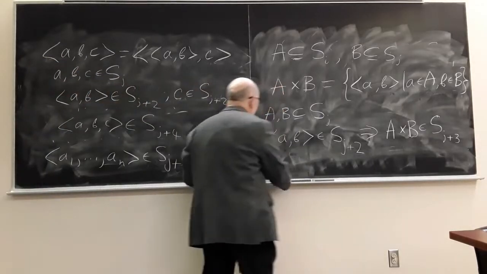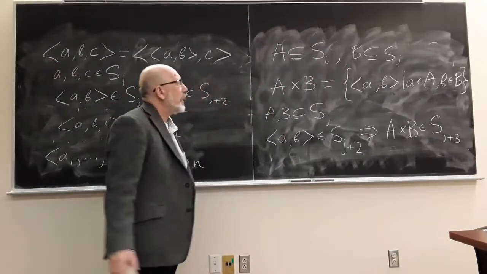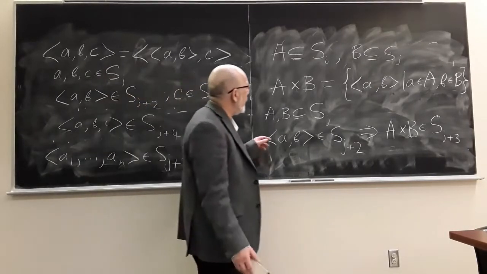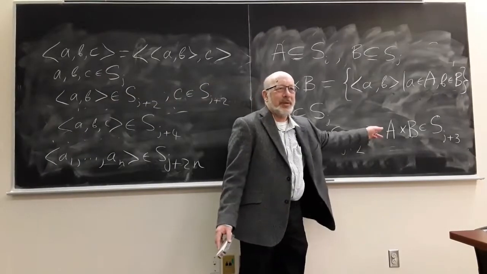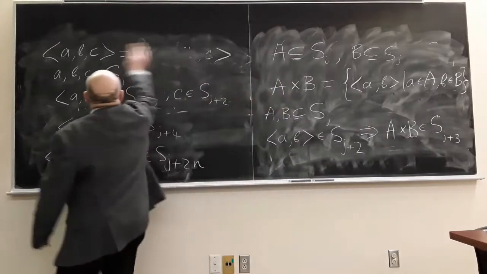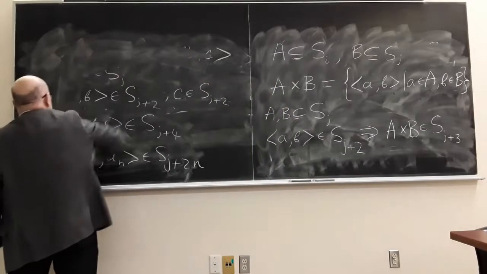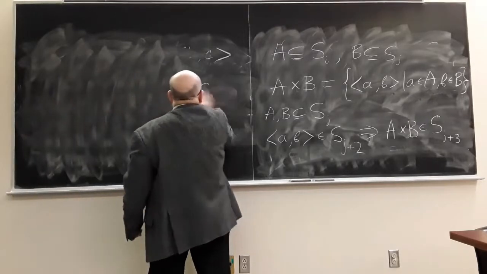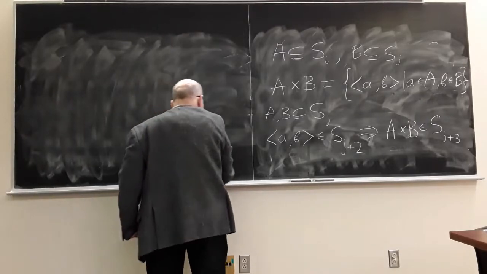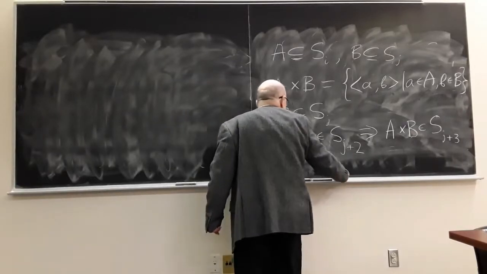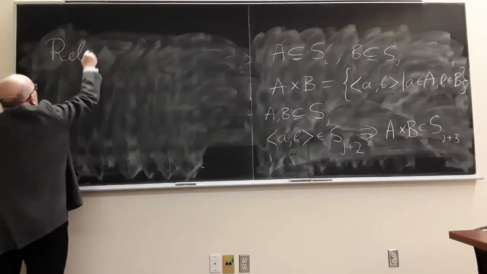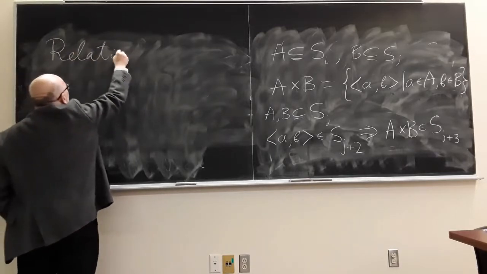Now, having this, we can define different objects related to Cartesian products. Namely, relation.